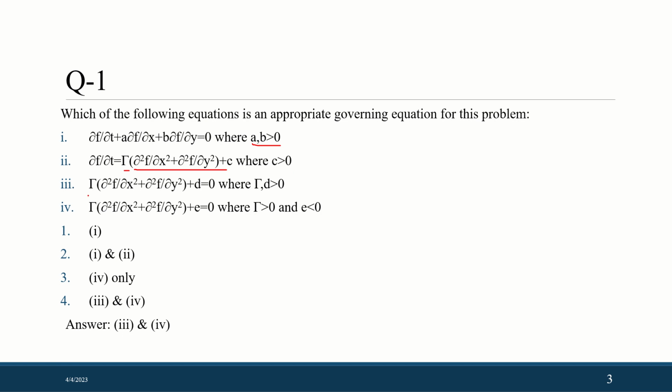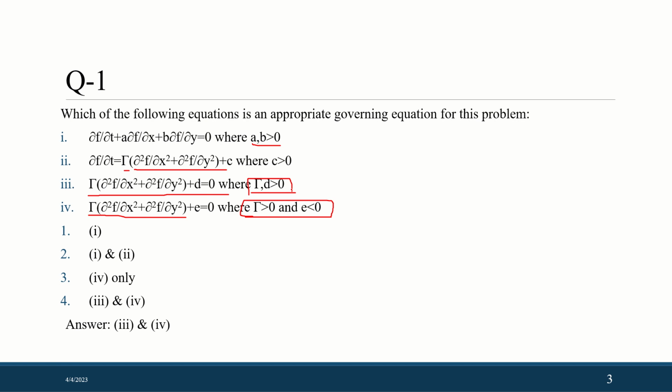The third one: gamma times dou square f by dou x square plus dou square f by dou y square, plus d is equal to 0, where gamma and d are both greater than 0. And finally, gamma times dou square f by dou x square plus dou square f by dou y square, plus e is equal to 0, where gamma is greater than 0 and e is less than 0.